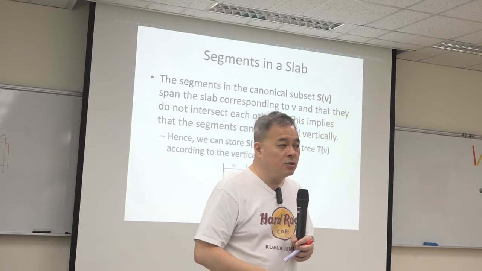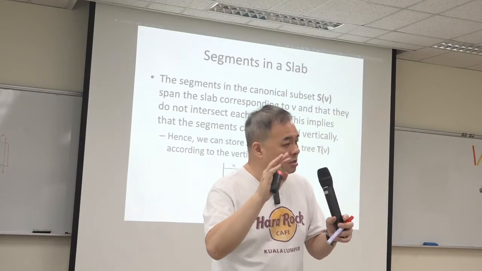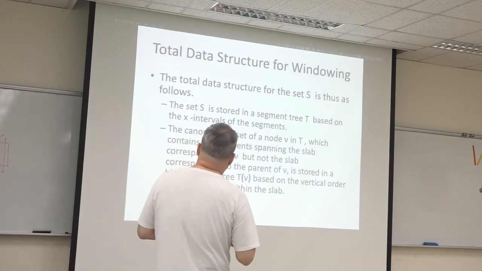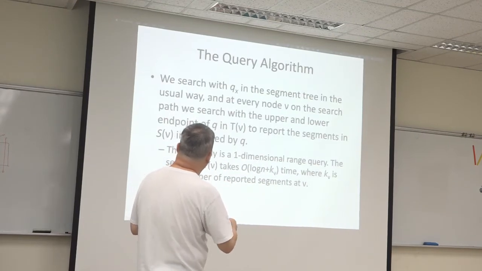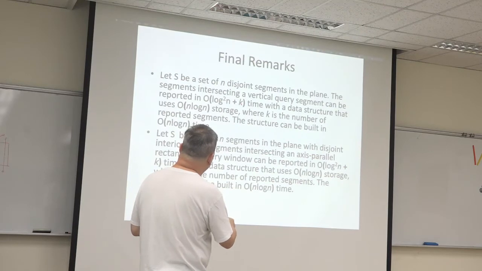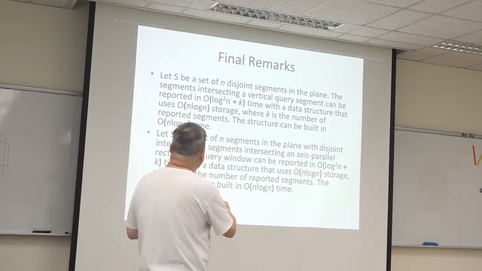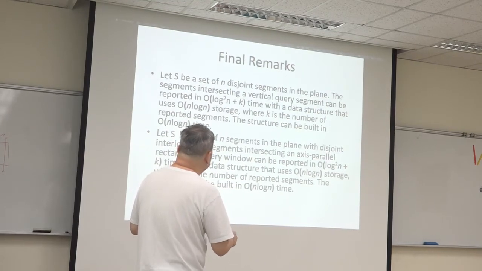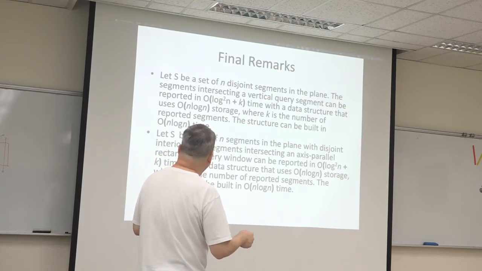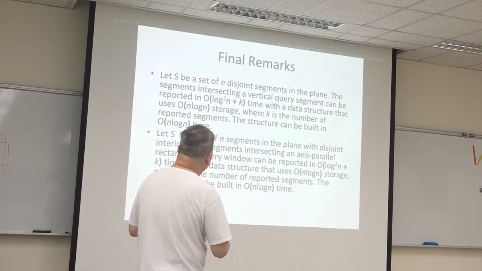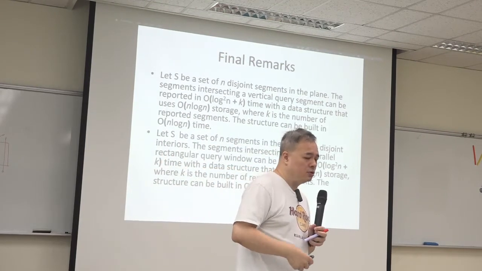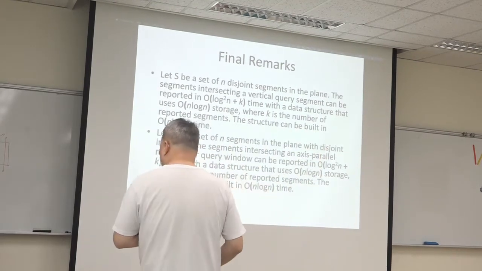So it's like log n times log n. This is the reason why we have a log n squared. And this is for one vertical query segment, over a set of n segments in a plane with disjoint interiors. So now we are in a position to answer the window query.